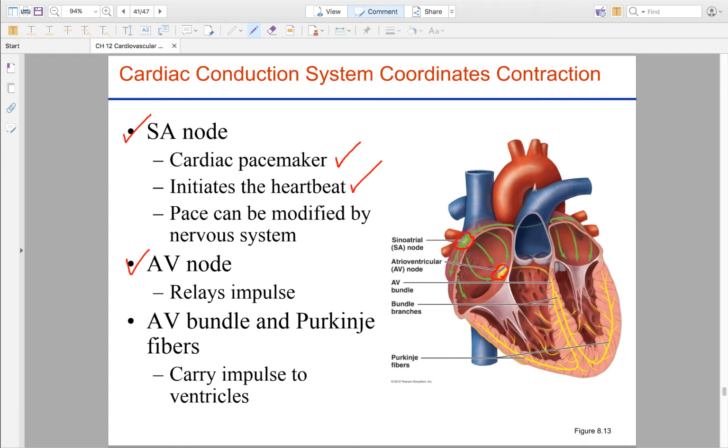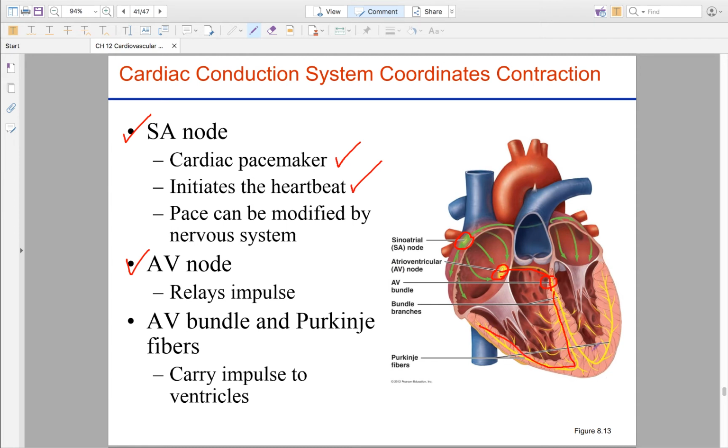Its job is to carry the electrical stimulus, and it's actually going to send it down into this area. Okay, this is called the AV bundle right here, and down the septum and around.